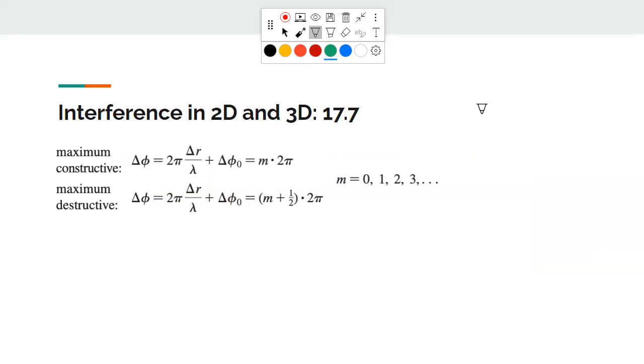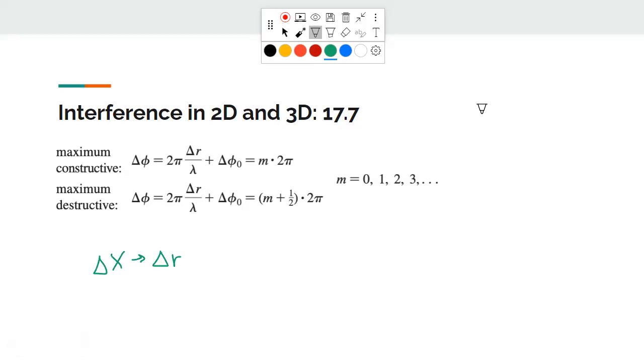You'll notice, before you get too busy writing these formulas, that it's really the same formula that we were just looking at. The only difference on this page is that instead of delta X, we've written delta R. The idea here is that we can use the Pythagorean theorem, which you may have already been doing on your homework, to find something akin to a spatial separation.